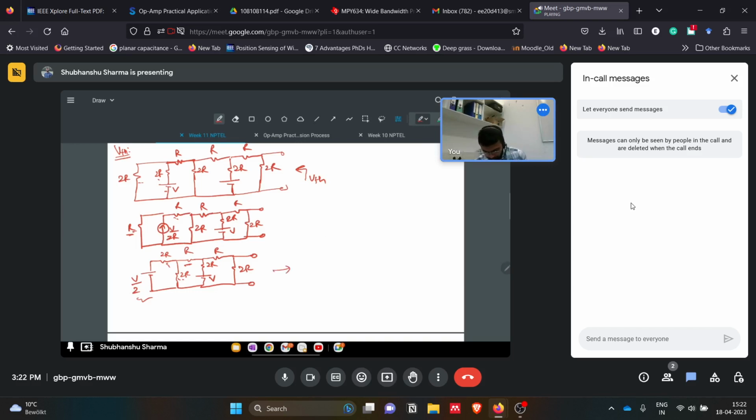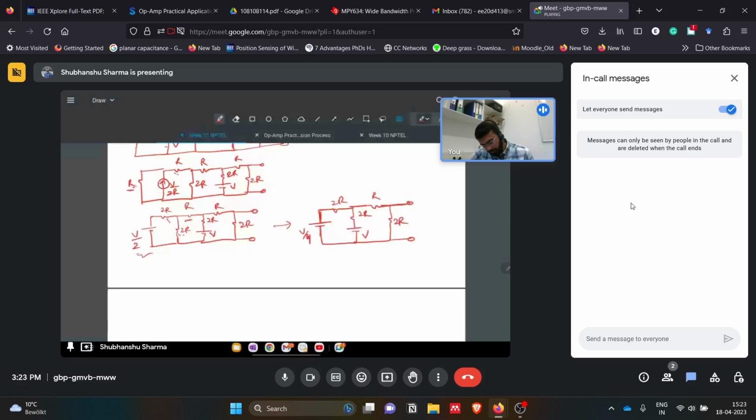So it will become V by 4, it will be 2R. Now we have this 2R, here it is V, R, this is 2R. Okay, so now we can do the same approach again.